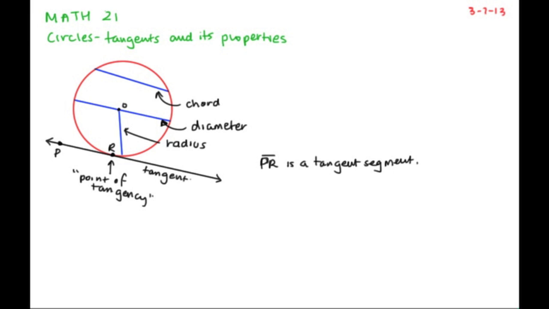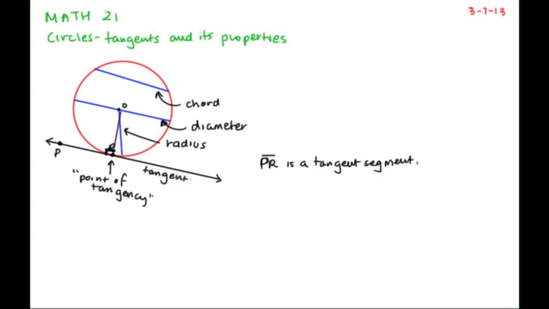Okay, so let me draw just one more radius here in purple. Like that. It's a radius, and it directly intersects with the point of tangency. This right here is going to form a right angle with the point of tangency.